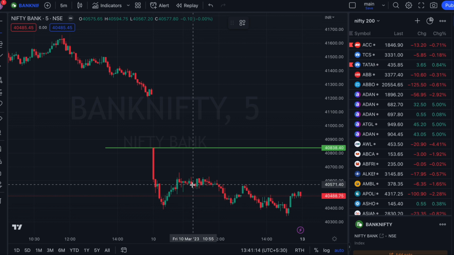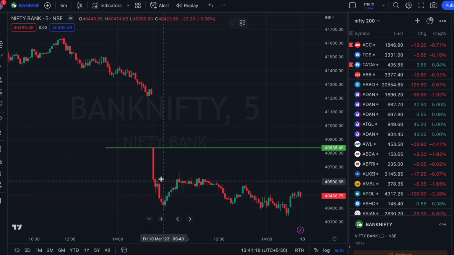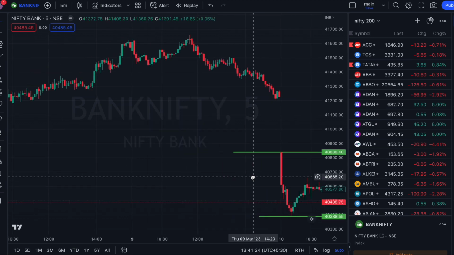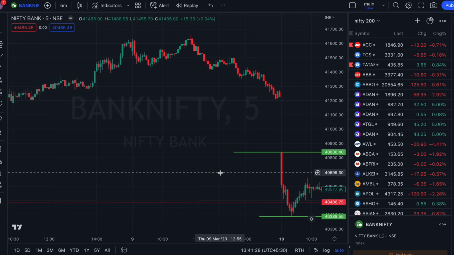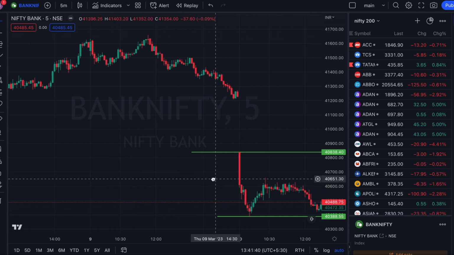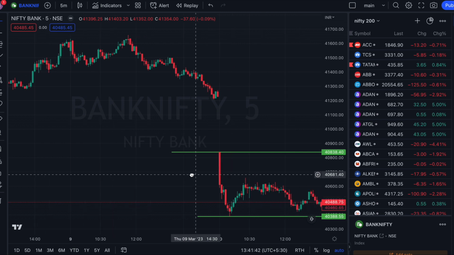We are going to mark the high and the low of the market. This is the high and this is the low of the market till 10:30. So if you look at the chart like this, the high and the low of the market till 10:30 are marked in this way. This is going to be the first task that we are going to do.